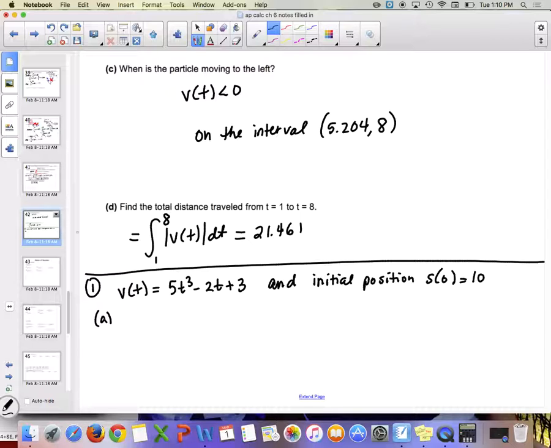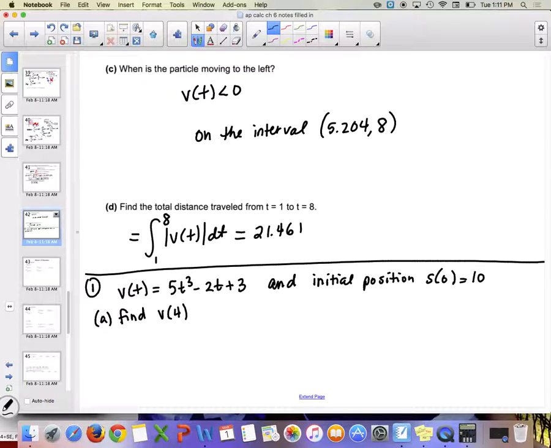Okay, I want you to find v of 4. Okay, that's the first thing I might ask. Find v of 4. Oh wait, initial position is that what I want? Yeah, okay, v of 4 is easy.